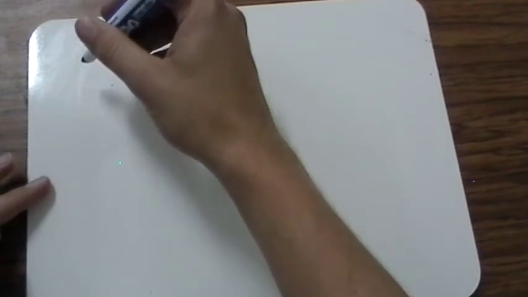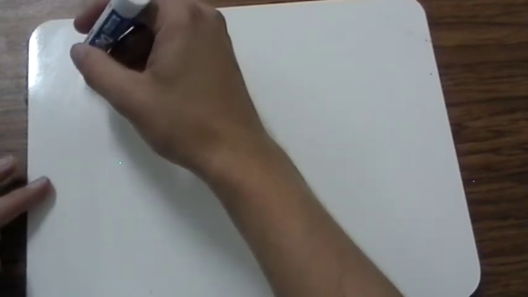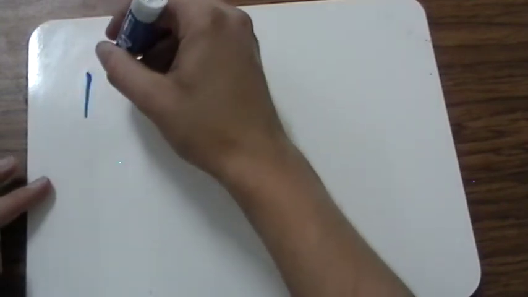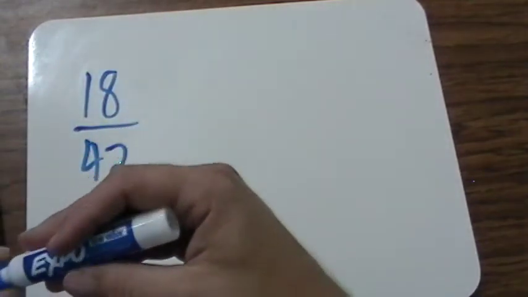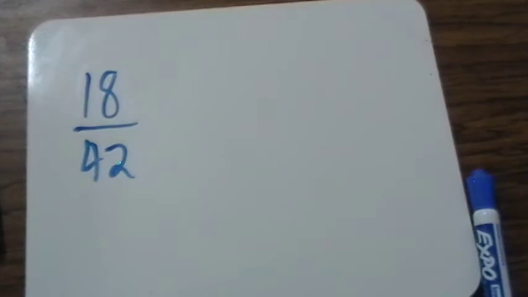Let's do that again. What if I have 18 over 42? Is there a number that can fit inside of 18 and inside of 42?